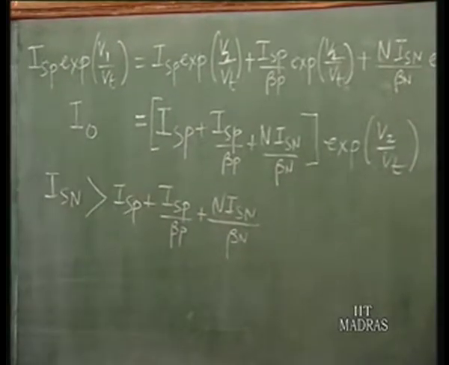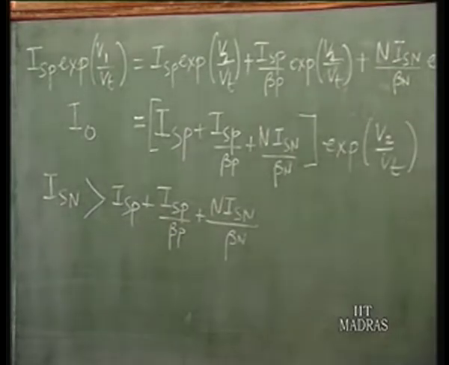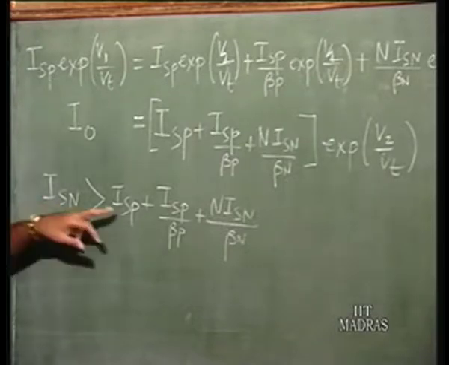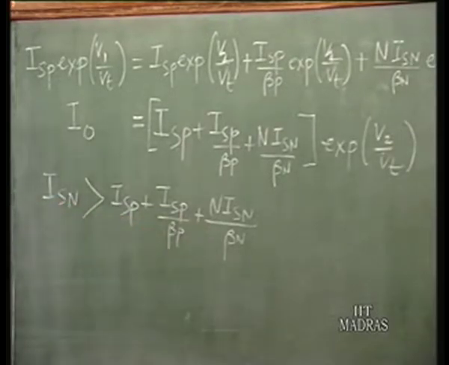So, now we have a relation between the different saturation currents, the number of collectors and the beta of the individual transistors. So, ISN must be greater than ISP plus ISP by beta p plus NISN by beta n. So, this condition must be satisfied in order to ensure that the transistor goes to saturation.